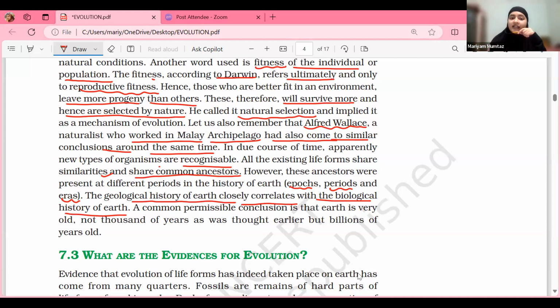Then, if the geological history says that slowly the water dried up and land came into existence, then these life forms that were primarily aquatic would become amphibians, being present on both. Later on, the land or the terrestrial ones were there. So this is how we can say that the geological history of the earth is very closely associated with the biological history of the earth.